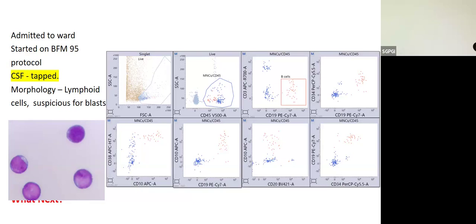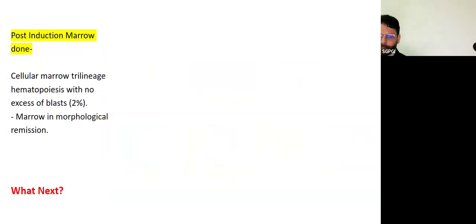Now, CD34 is an immaturity marker. Fine. So CD19 and CD34 positive, CD19 and CD10 positive. So I am seeing my blast, which I was seeing in peripheral blood, in CSF also. And how do you say that this is not very much contaminated? Because I hardly see neutrophils in such large number as compared to these lymphoid cells. So my CSF is involved in this case. What next?